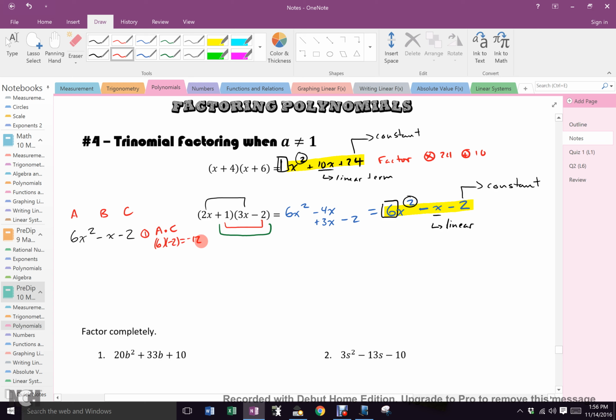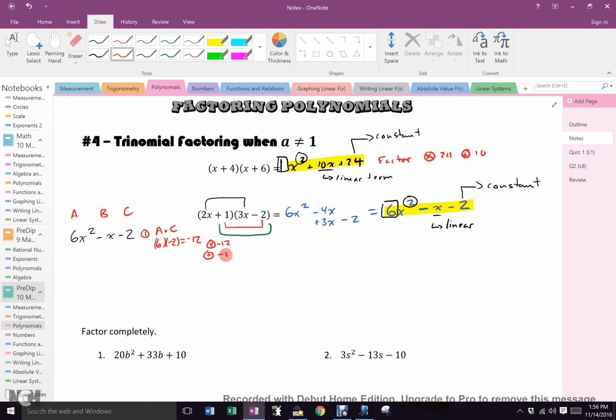Now, you do the exact same thing you already know what to do. You need to multiply to negative 12 and add to negative 1. What is it? Somebody whispered something over there. Turn out more lights if you need to.